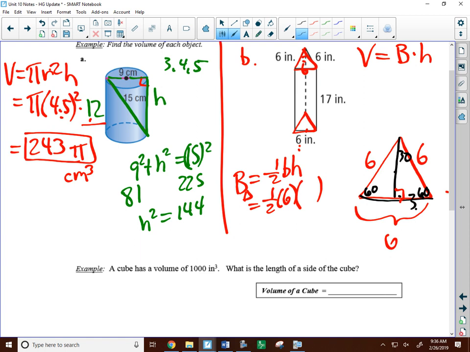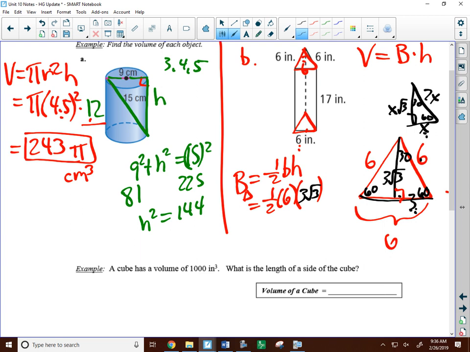But I'm going to tell you it's going to be quicker to do 30-60-90, because you look at the diagram, and it's 2x, x, and x radical 3. So this is 3, this is 3 radical 3. Now if you did the Pythagorean theorem, you would get radical 27, which is the same.